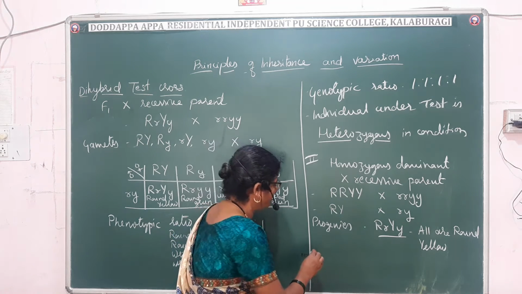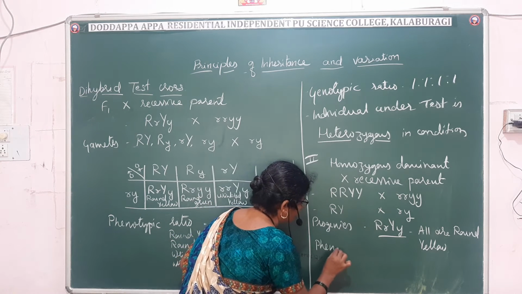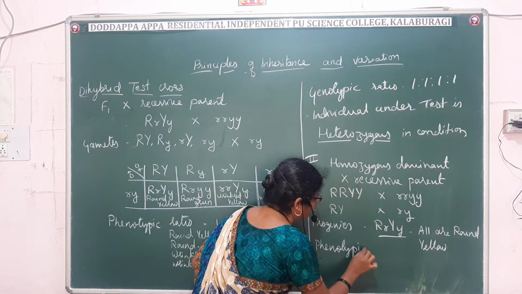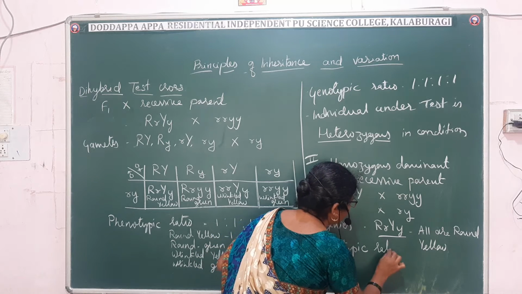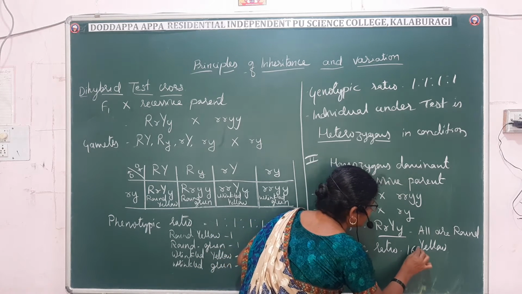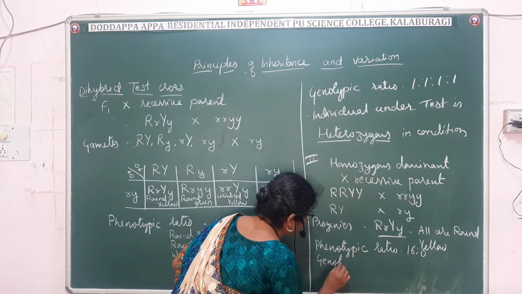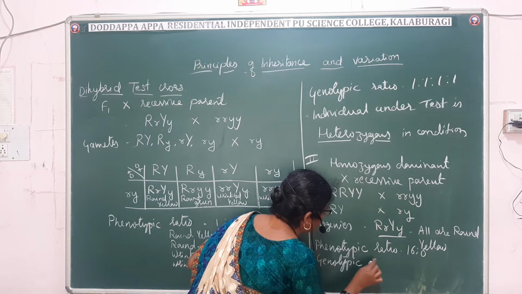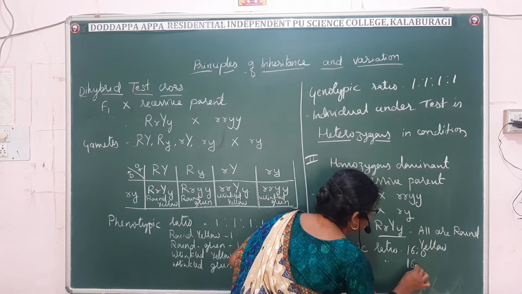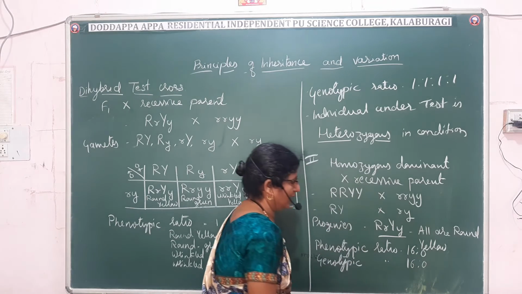What is the phenotypic ratio here? Phenotypic ratio is 16 is to 0, and genotypic ratio is 16 is to 0.